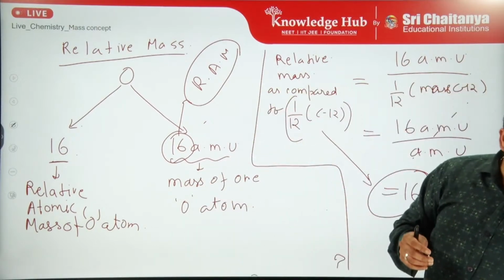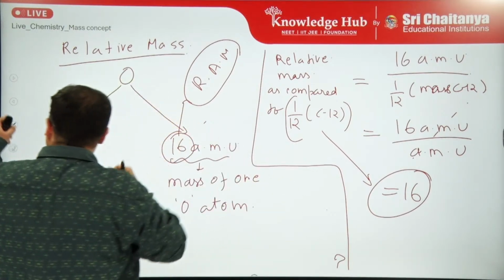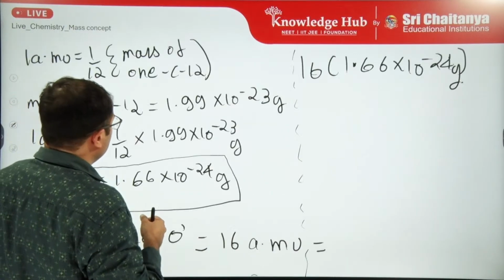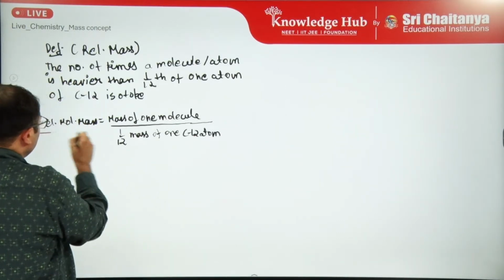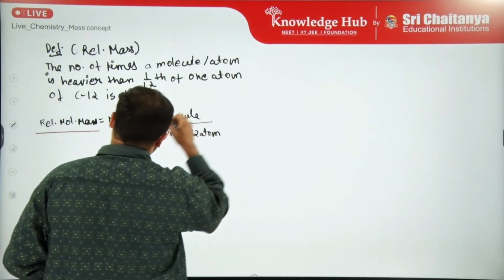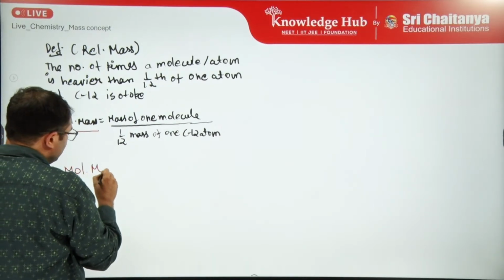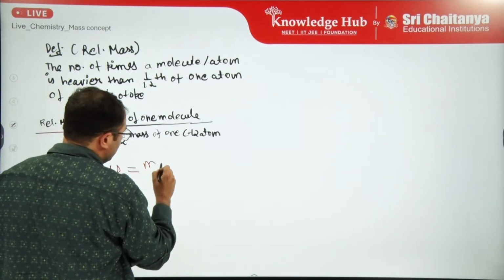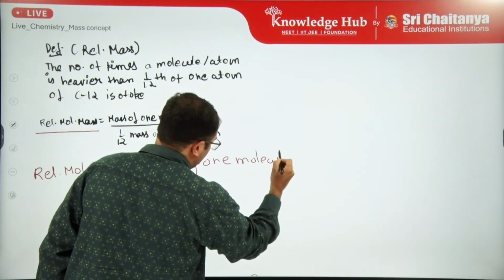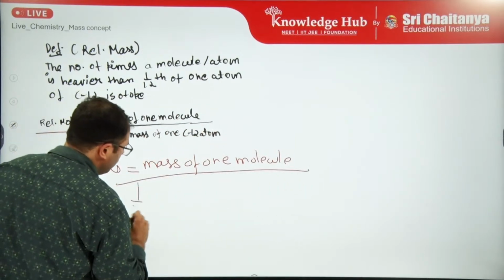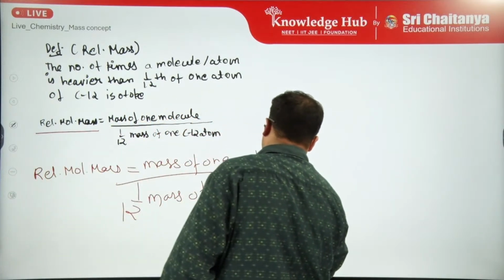Now what else can we talk about here? Let me go to the slide which talks about this. This is the same, relative molar mass instead of atomic mass. Relative molar mass will be, similarly, the mass of one molecule divided by 1/12 mass of carbon 12 atom.